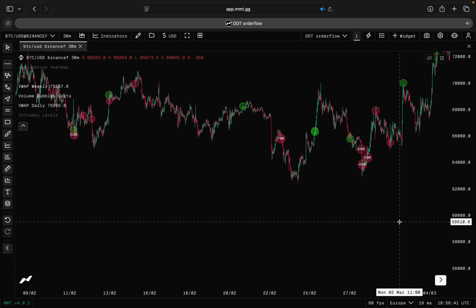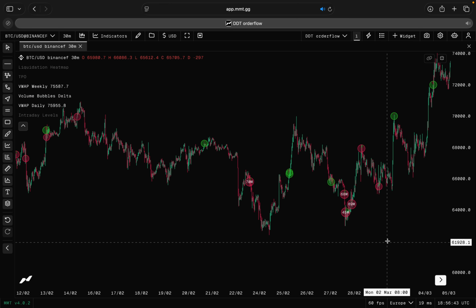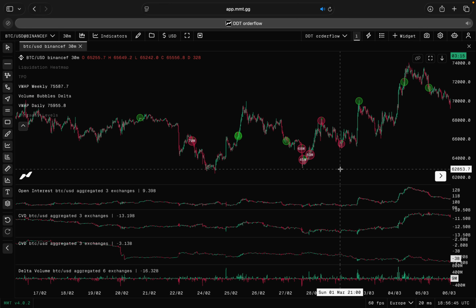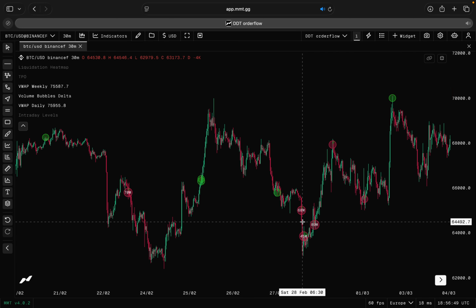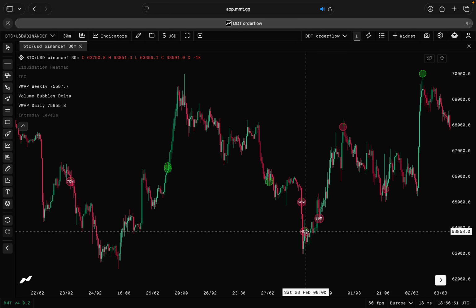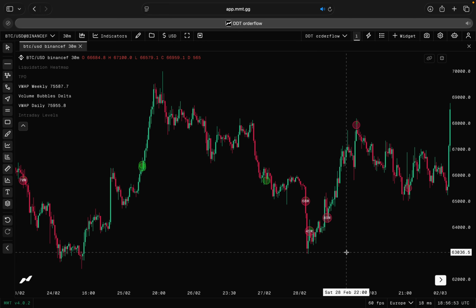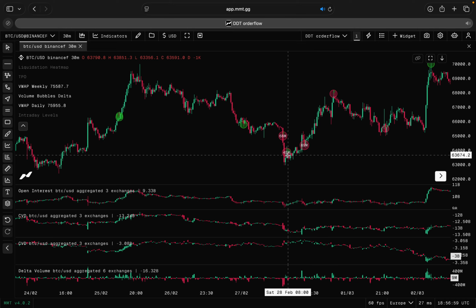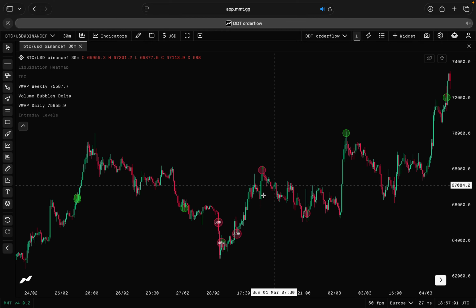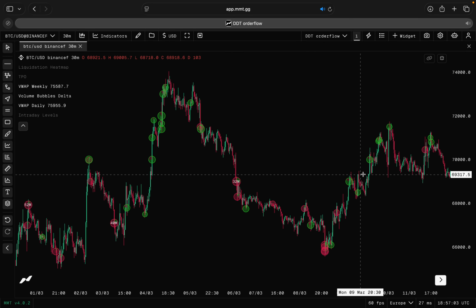This was being absorbed. And that absorption happened again at these levels. Like here, 68 million selling into the lows, 45 million selling into the lows, but price not going lower. Heavy negative delta. And that was eventually the low we have. Since then price has been pushing higher and higher.